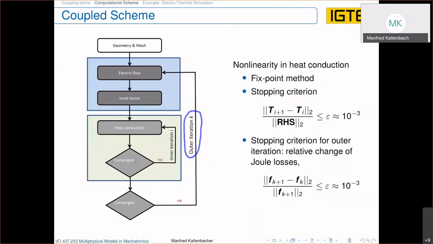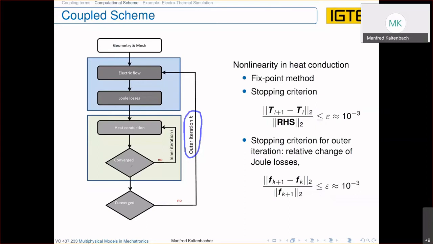We can have here some iterations when we take into account the nonlinearities within the material parameters of the heat conduction, which is the thermal conductivity K and the volumetric heat capacitance Cm, and then you have to solve this within an iterative loop. We call here the iteration counter I, so that's the inner iteration.